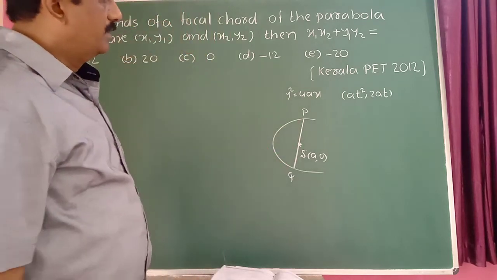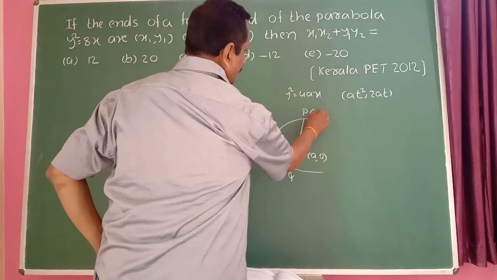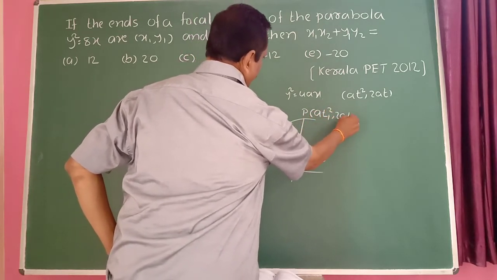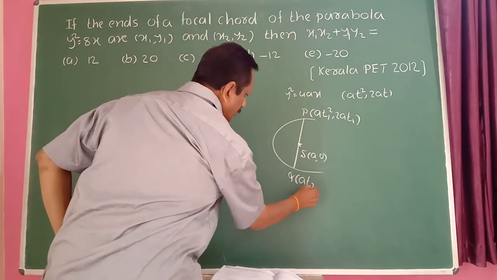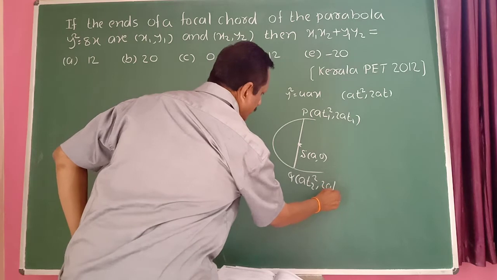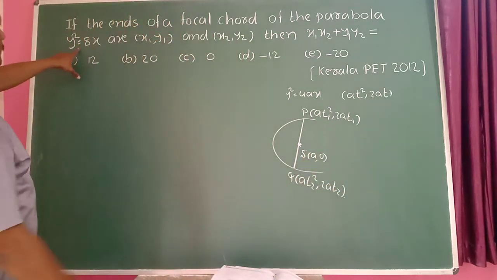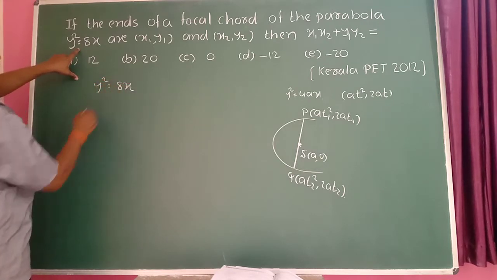Point P lies on the parabola, and its coordinates are (a t1 squared, 2a t1). The coordinates of the point Q are (a t2 squared, 2a t2). In this case, the equation of the parabola is y squared equals 8x.